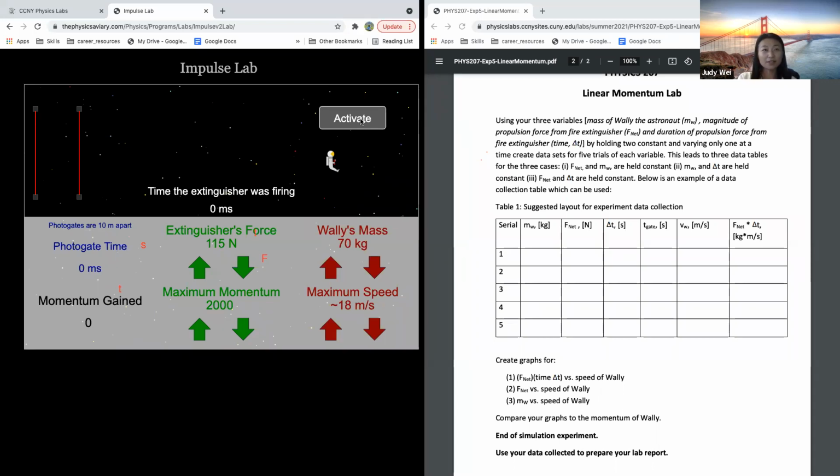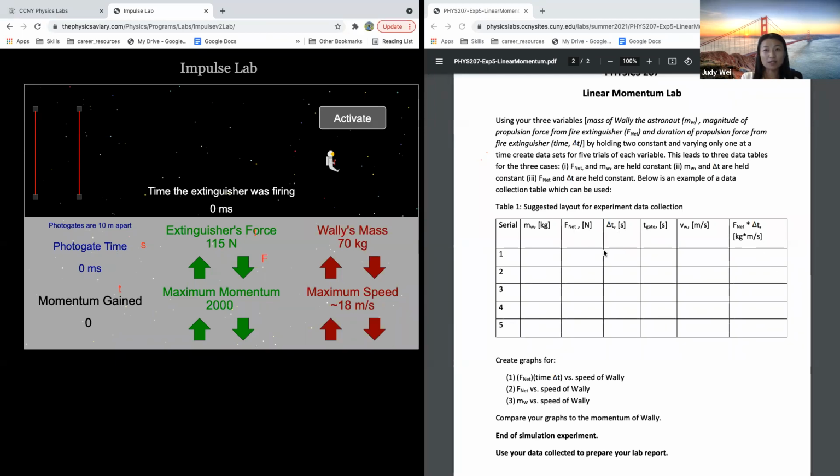So you change it 5 times, record the t gate, and then calculate speed by 10 divided by this t gate. Also you do Ft, so this is the momentum, F times delta t.